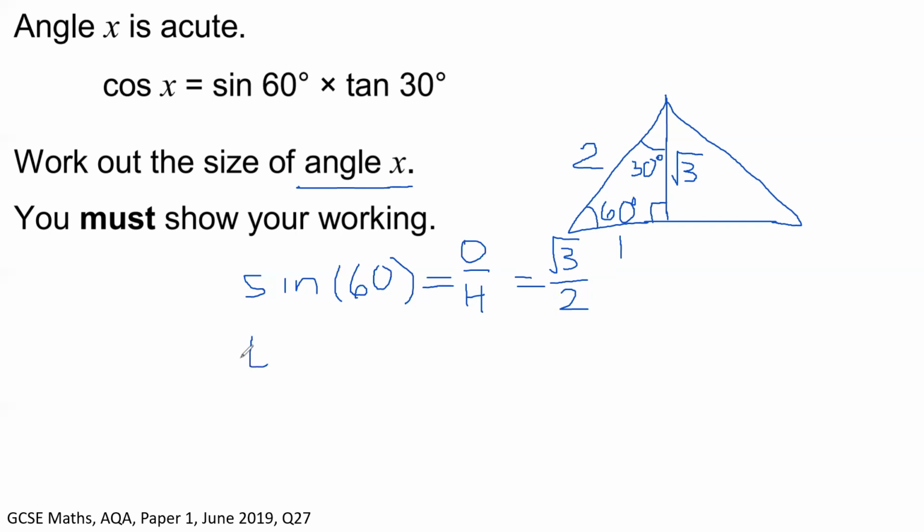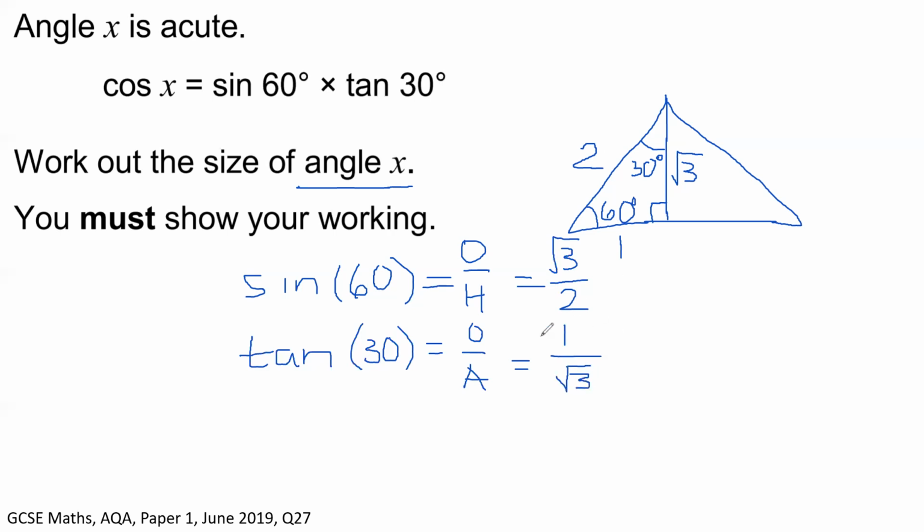If we then look at the next one, we've got tan of 30 degrees. Again, tan is, I'm sure you remember, opposite over adjacent. And this is opposite over adjacent of the 30-degree angle. So for this, the opposite is 1, and the adjacent, remember this is the hypotenuse, so we use the other side, will be root 3.